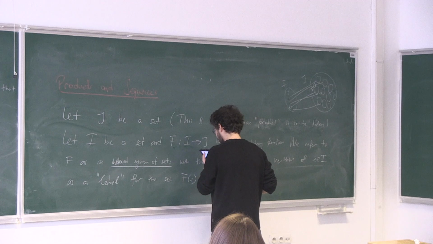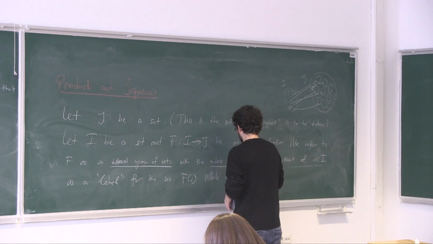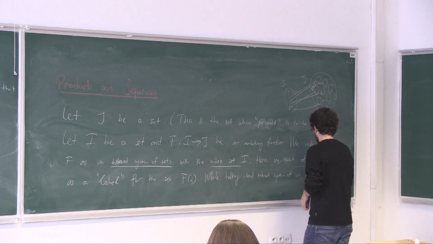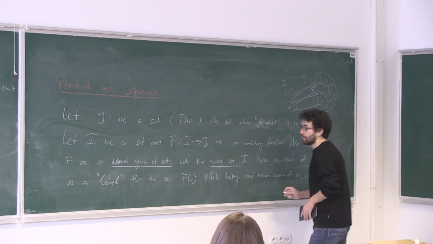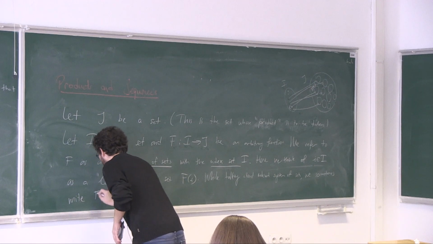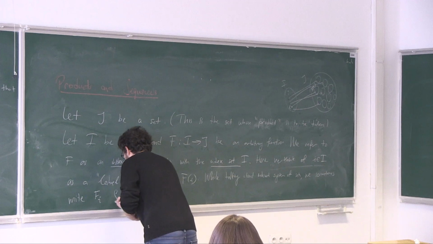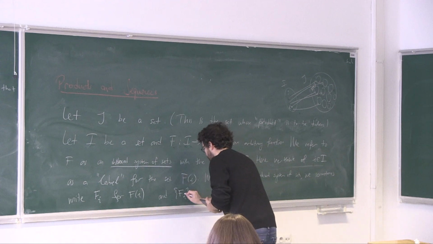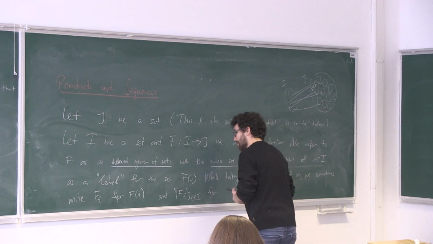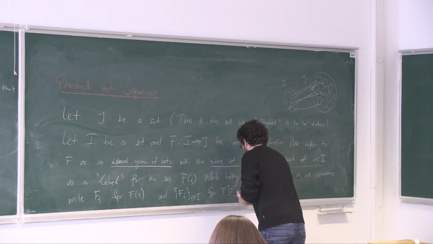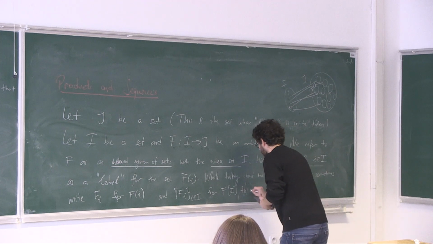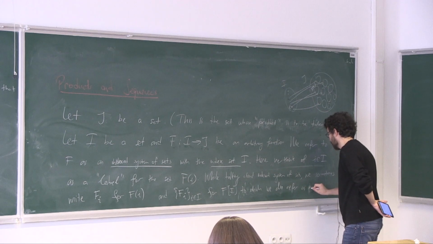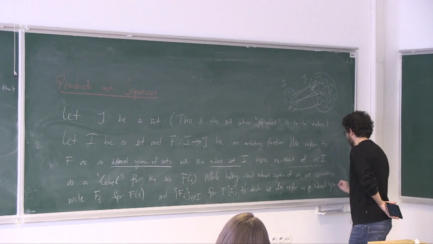So let me write those down. While talking about index system of sets, we sometimes write f sub i for f of i, and we use this notation for the range of f, to which we also refer as an indexed system of sets.